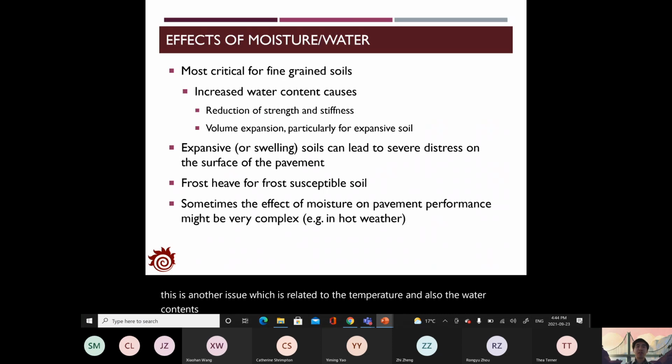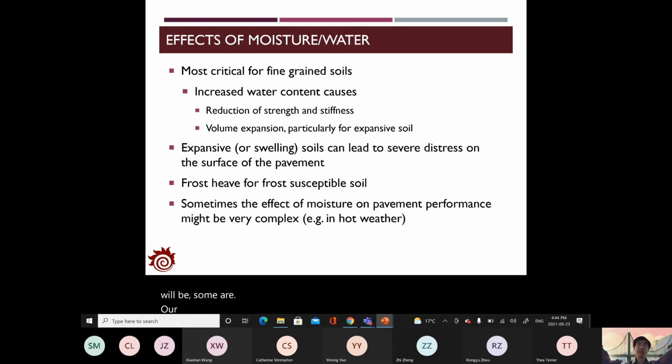Sometimes the effect of moisture on the pavement performance is also very complicated, not only in cold weather, but also in hot weather.